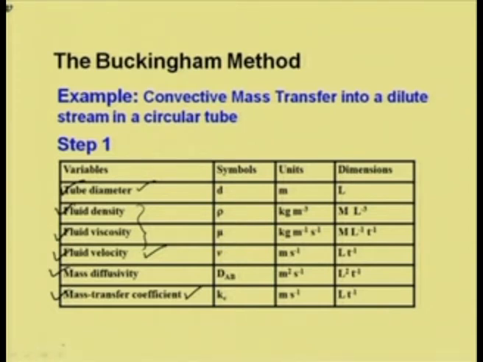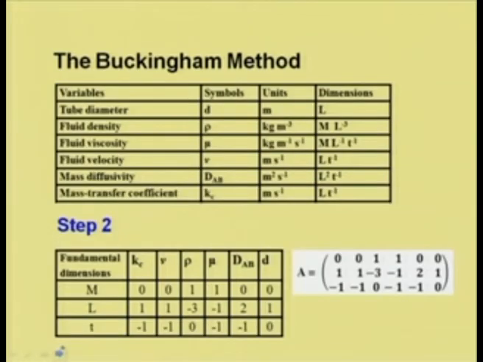Now, if we take the fundamental dimensions M, L and T and make another table where we represent all the exponents of the fundamental dimensions, in case of Kc we have L 1 and T minus 1. So, L is 1 and T is minus 1 and the M is 0 in case of Kc.